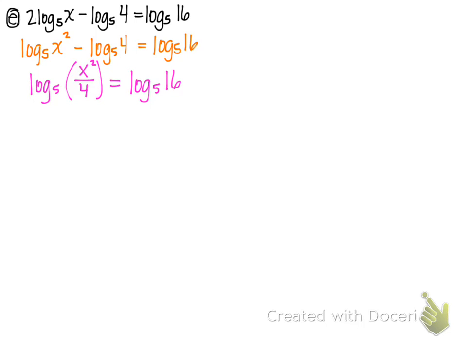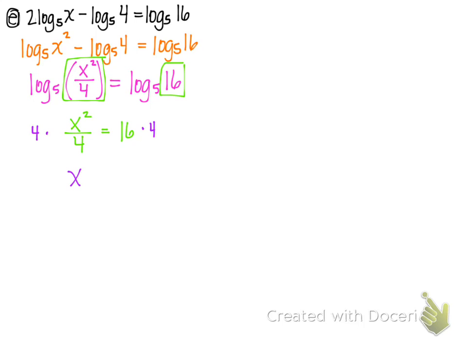Now it fits that first scenario that we were talking about earlier. We have a log equal to a log, so we can set this equal to this. And it's straightforward algebra at this point. So x squared over 4 is equal to 16. Now to solve for x, we need to multiply both sides by 4.